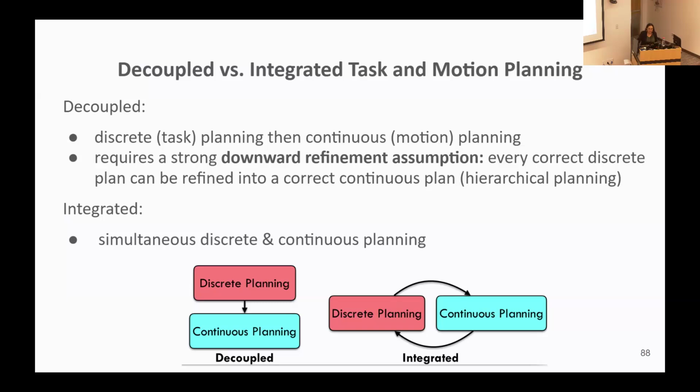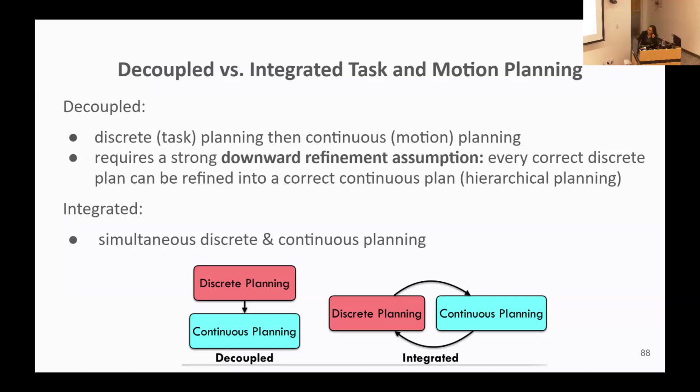So for every correct discrete plan, you can find a correct continuous plan. This is, of course, a very fragile, brittle approach, which will fail many of the times, just because the information that we can capture from continuous space in the discrete representation might be limited.